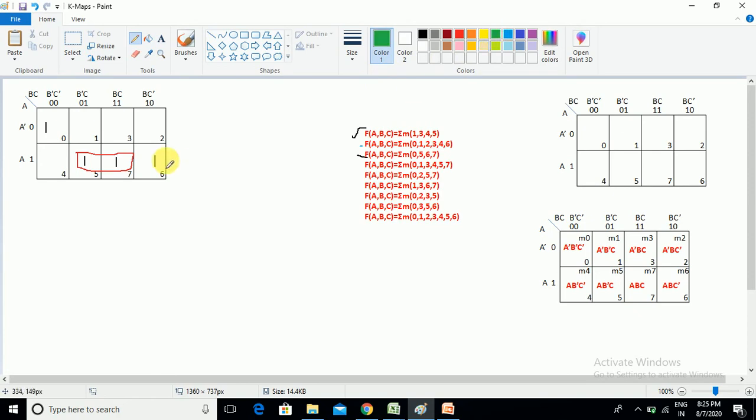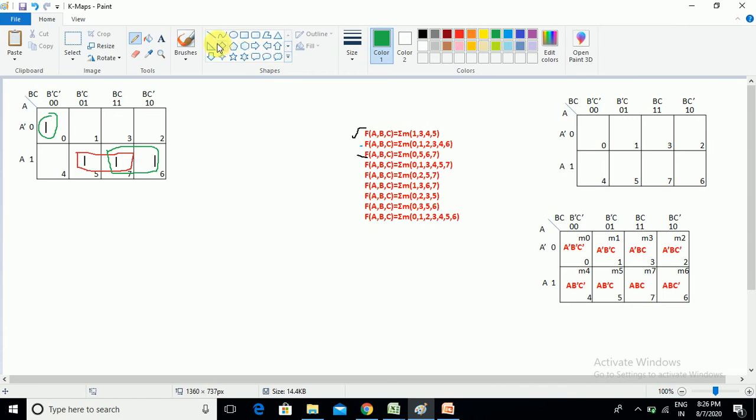You may think that if you fold the paper, 0 and 2 will touch each other, but 0 and 6 will not touch each other, they are in the diagonal, so we cannot create the group. Now we need to think about the non-mapping cell and its alternative. 0 can map with 4, but 4 is not selected, 1 also not selected. In the folding method, 2 can map, but 2 is also not selected. Now there is no alternate, so we need to take it as an individual cell group.